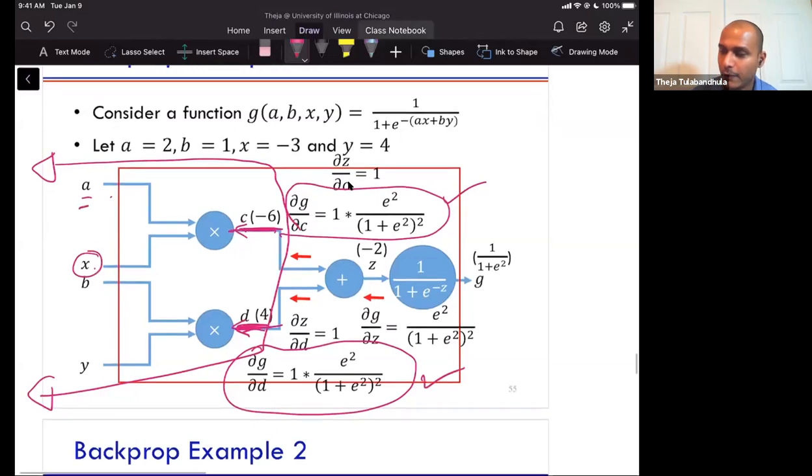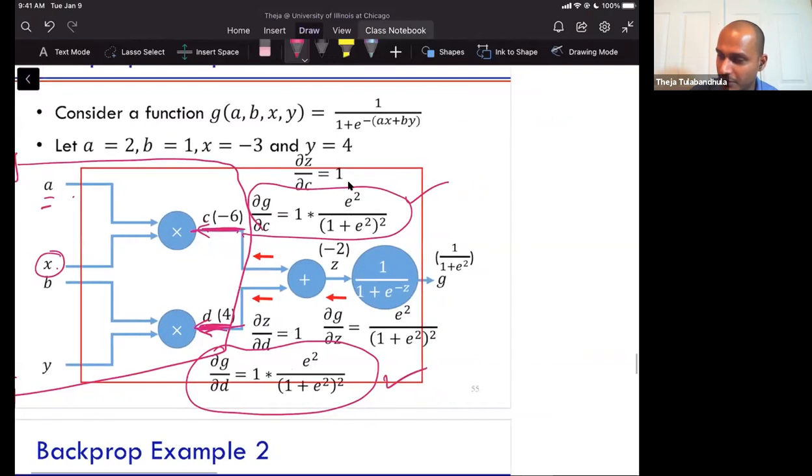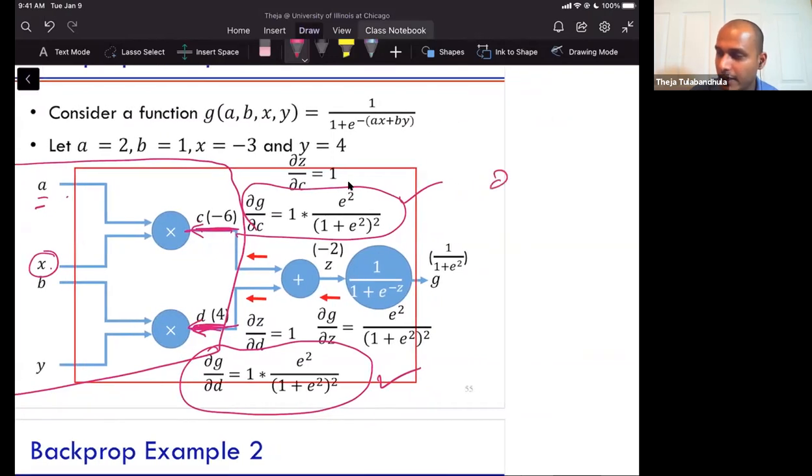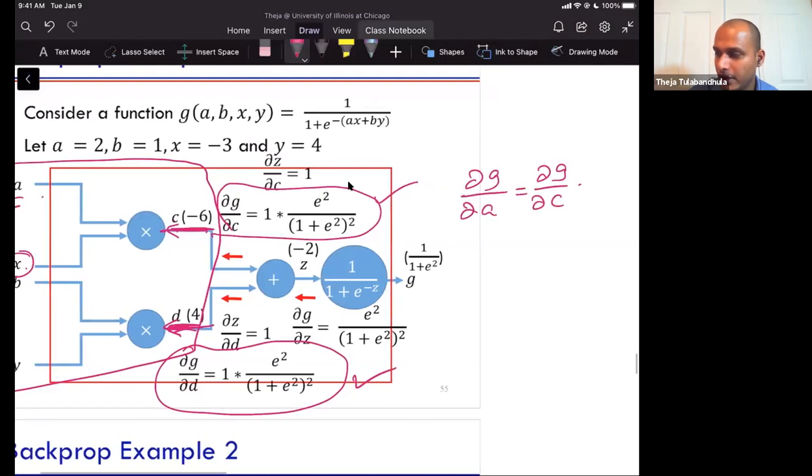Because I know the local gradient, we can say the gradient of g with respect to a is equal to the gradient of g with respect to c times the gradient of c with respect to a.